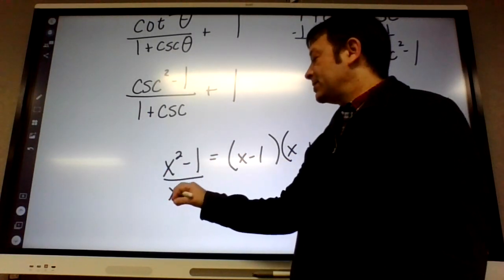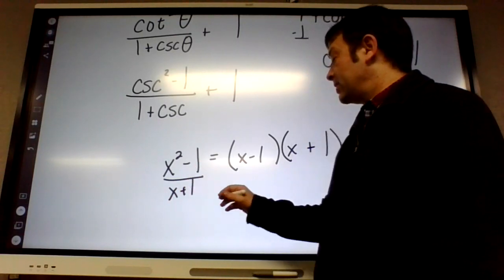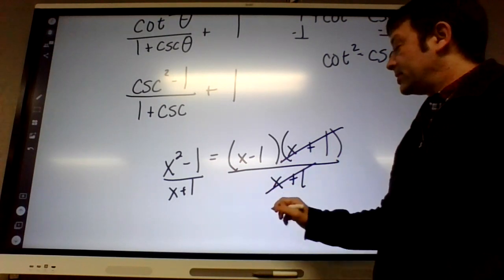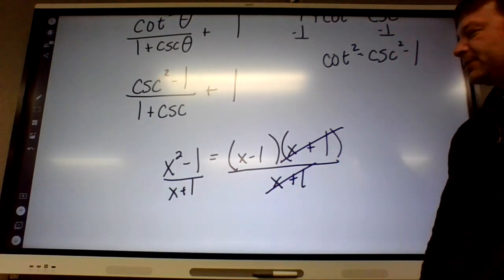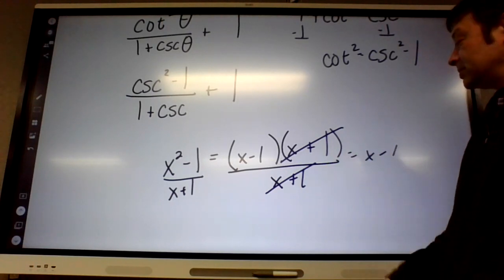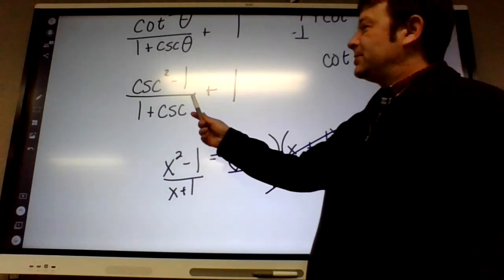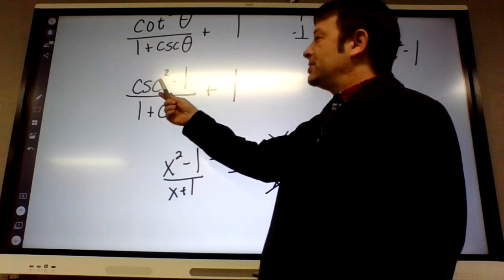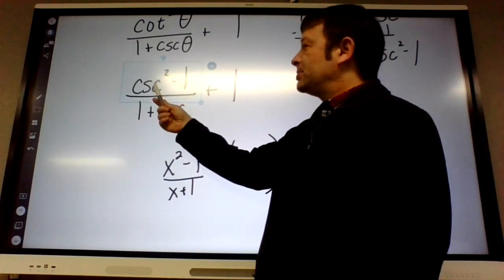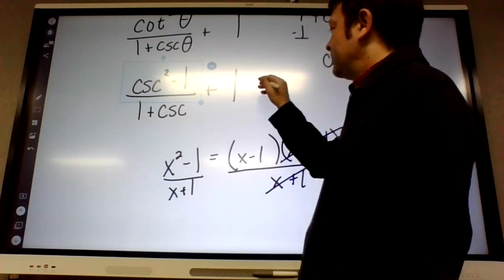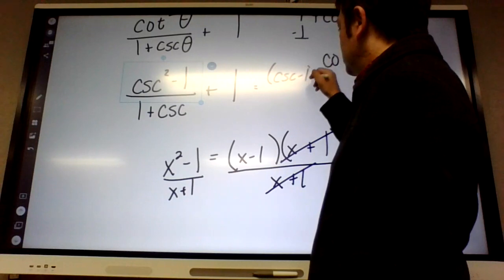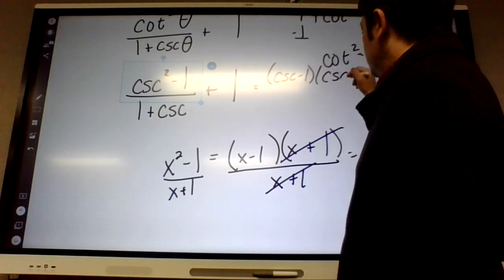So if it was x squared minus 1 over x plus 1, one of those would cancel out and it just equals x minus 1. That's what's happening right here. This is like x squared minus 1. So what does cosecant squared minus 1 factor to? Cosecant minus 1, cosecant plus 1.